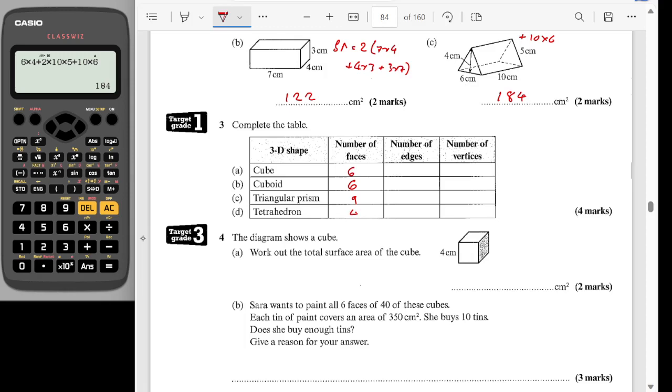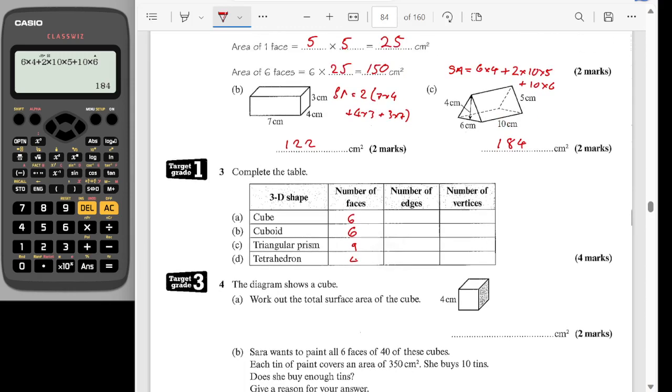The number of edges for a cuboid, and to be fair, for a cube, we have 4 on the end, 4 on the end, and then we'd have another 4, so there'd be 12. Number of edges for a cuboid would be 12 as well. For a triangular prism, I miscounted here.